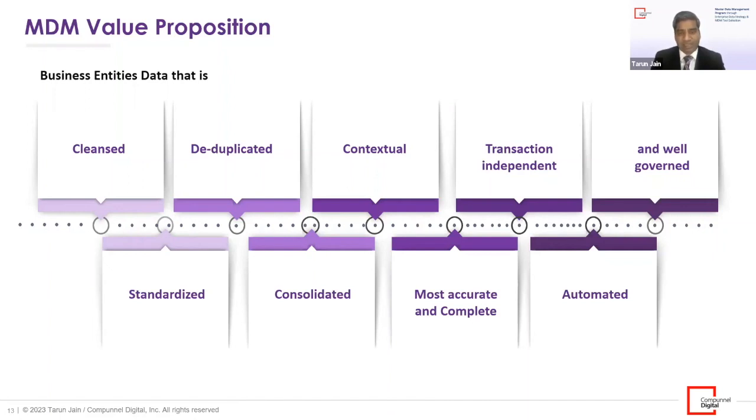The MDM system being the key central system of an enterprise for business entities data, they allow these practices to be shared across and establish a wider, larger umbrella of governance practices, an umbrella of rules and data regulations to be applied consistently across the application ecosystem.